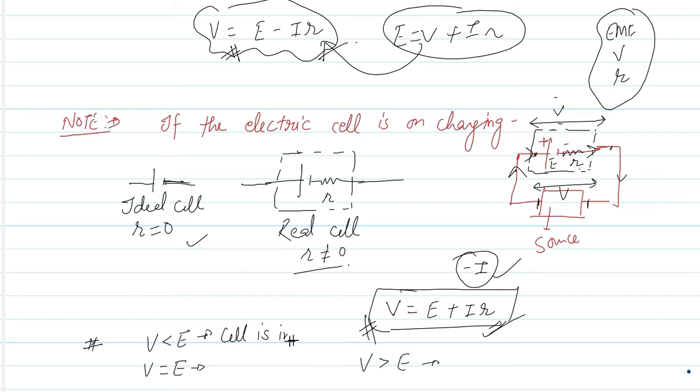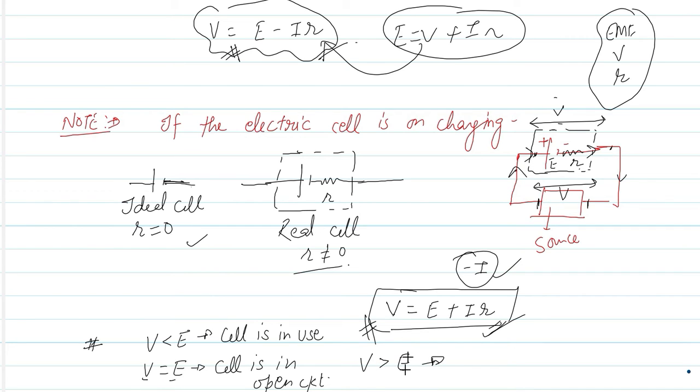When the cell behaves as a source, then V equals E minus IR. And V equals E is used when the cell is in open circuit, right? Why? Because if the circuit is open, that simply means the cell is neither on charging nor in use, right? So in that case, the terminal potential difference will be equal to E.